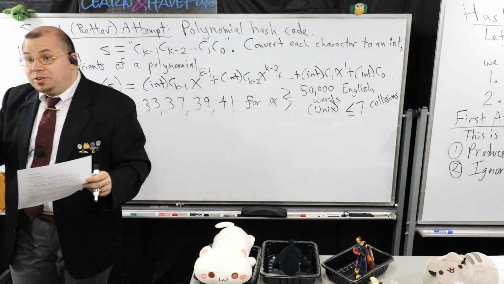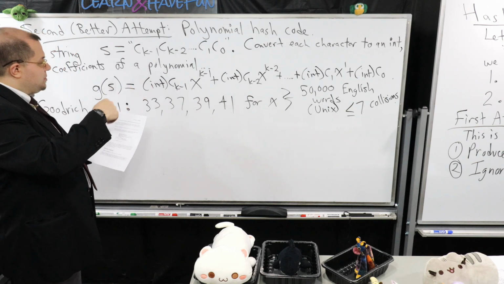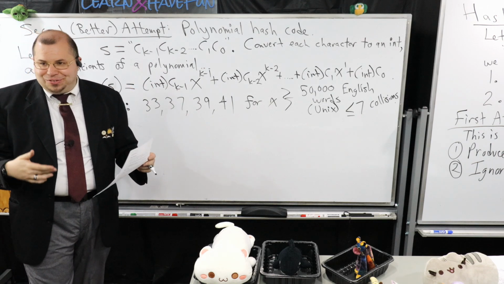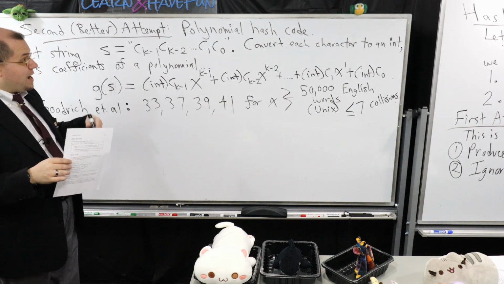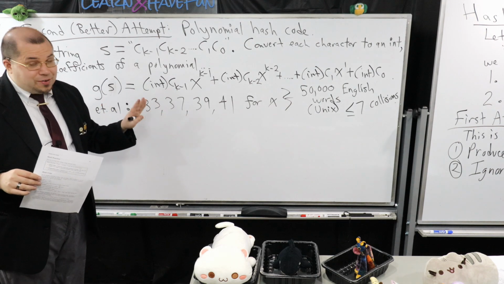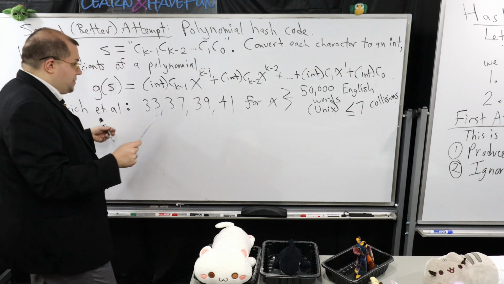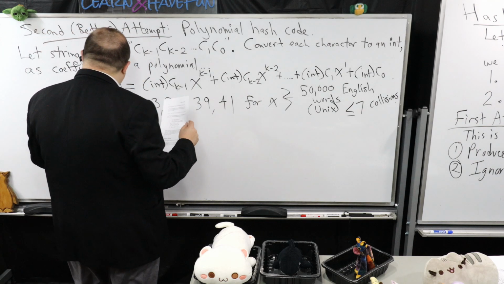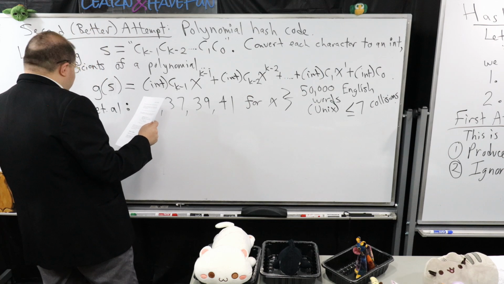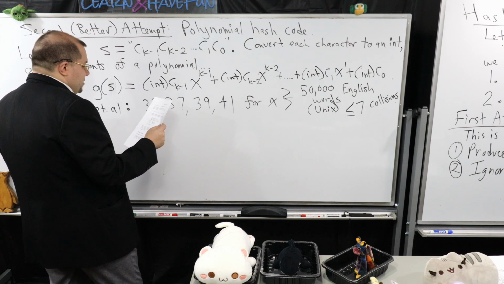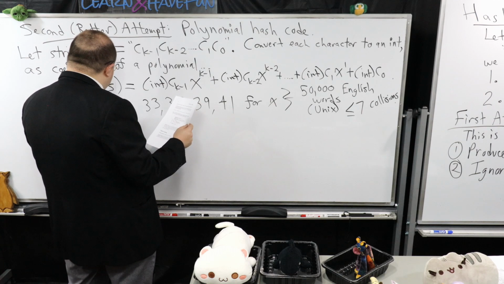Now, for those that are curious, there are other options out there. For example, if ever I asked you on an assignment to compute a hash code, any one of these values for X I'm going to give you here are perfectly fine to use. In fact, I encourage you to play around with them. Another example of a good hash code is that the Java programming language actually has its own for strings.